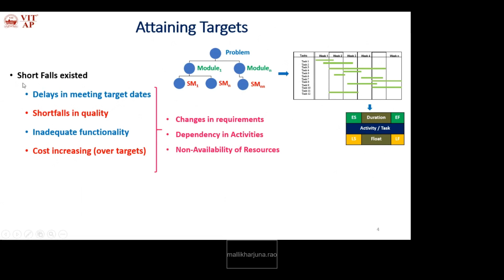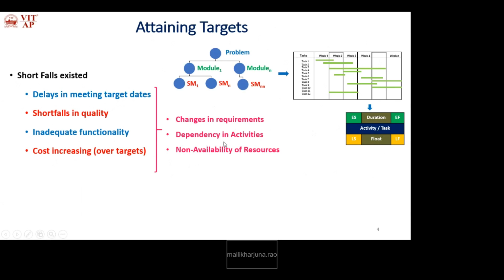Okay, so why do shortfalls exist? Because of these problems. Some of them are only listed, so we have different reasons. The first reason is changes in requirements. The client will change the requirements frequently as per the market demand. And dependency in activities: definitely some dependencies exist in all the project products.